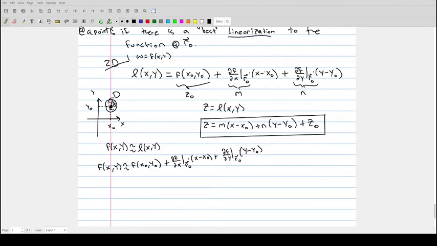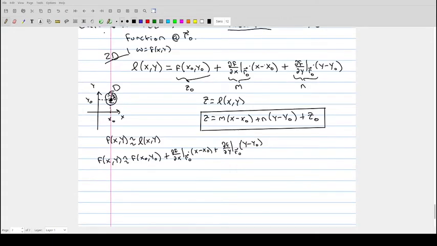This is what differentiability is telling us. If a function is differentiable, then when you get very close to a point, the value of the function is approximately equal to the value of the linearization at a point. And this idea holds for functions of any number of variables. So we'll see how to use this in examples a little bit later on.